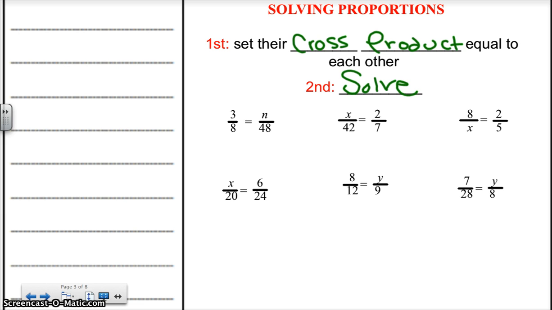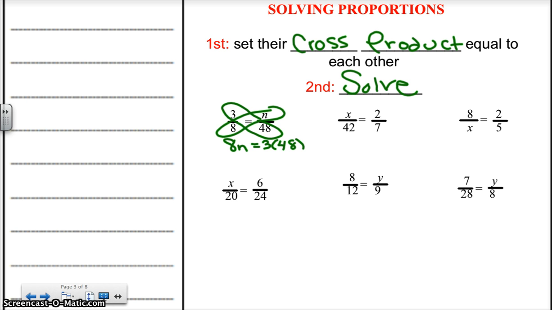So I am going to set you up, setting the cross product up. So you will want to cross over your calc today as well. I always start with the variable diagonal, so I always start with 8n, or anything that has a variable. So I say 8n equals, and then multiply these two, 3 times 48.